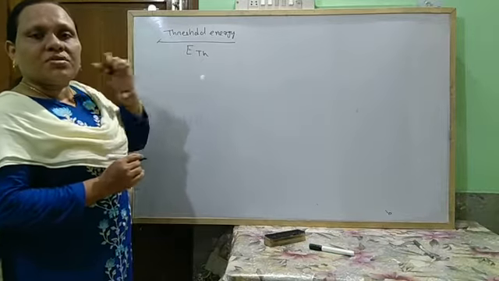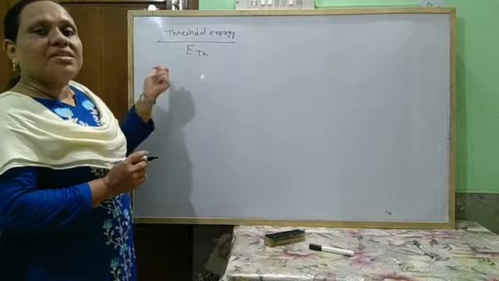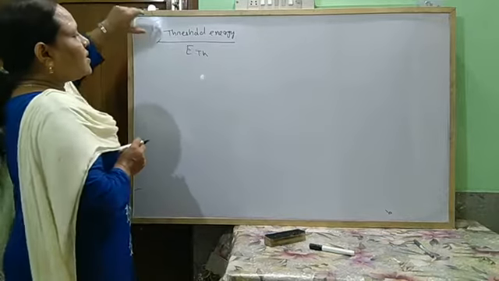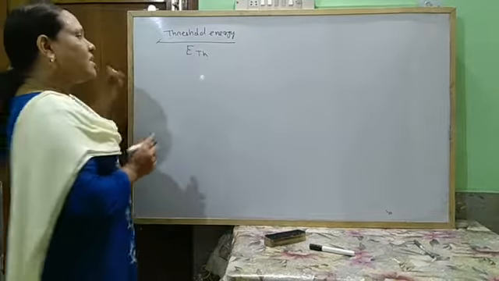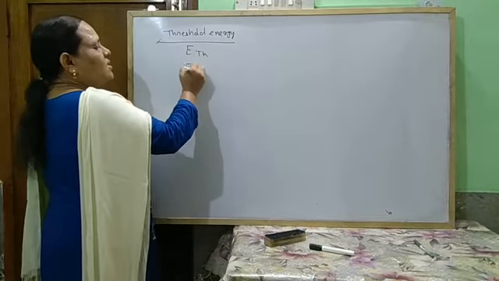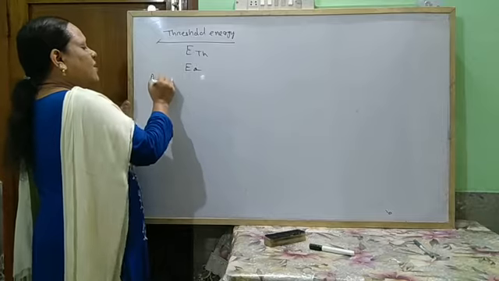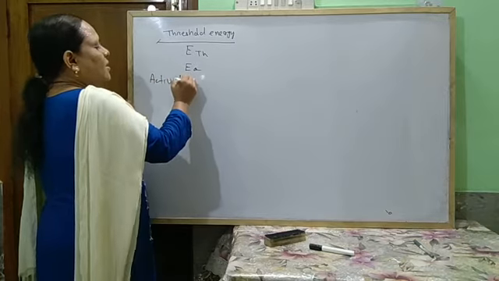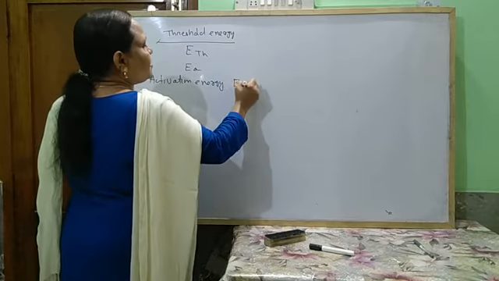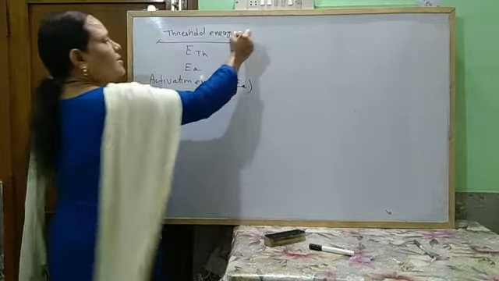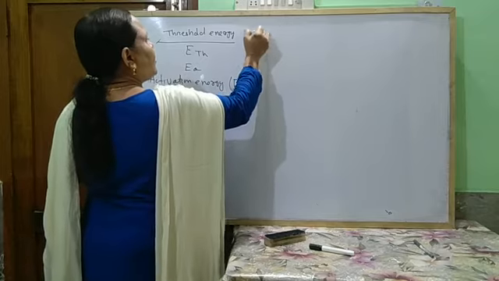The extra amount of energy supplied to the reactant molecules to achieve the threshold energy is known as activation energy, represented as EA, and threshold energy as ETH.